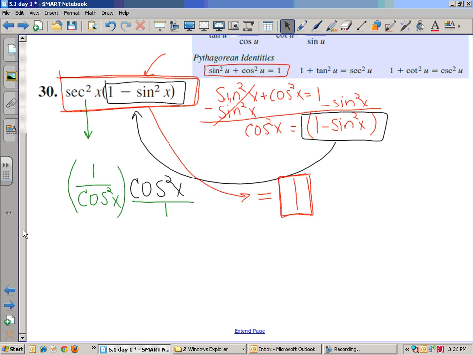So all we're doing in Chapter 5 for the first few sections is using identities to simplify, to rewrite, or to rename these ugly messes, these ickies, trigonometric, quadratic-looking things, into pretty things like, yay, the number 1. So much prettier.